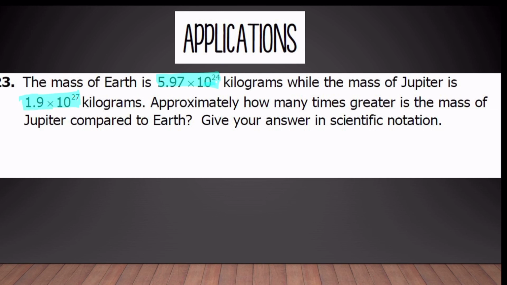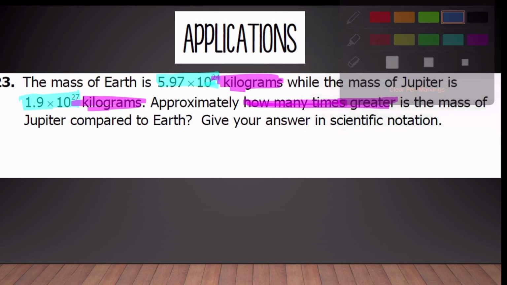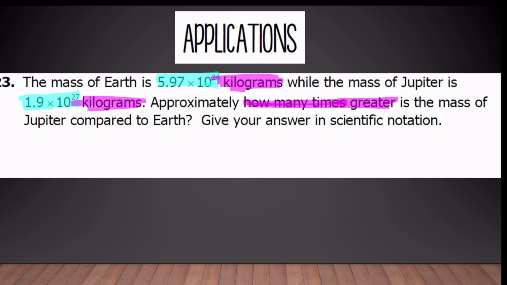So right now, let's take a look. They're in the same measurement, so that's good. We need them to be the same, okay? They want to know how many times greater. Ladies and gentlemen, this does not mean to multiply. This means to divide. You need to know that, okay?